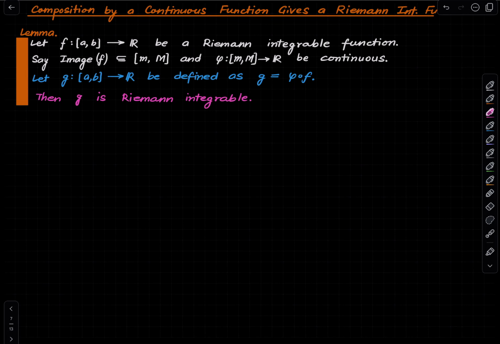And this is an immediate generalization of the previous proposition, because if you take f as the identity map, then the composition is just phi. Now, the identity map is Riemann integrable. That is very easy to prove, as we already did, even in the previous lecture, I think.